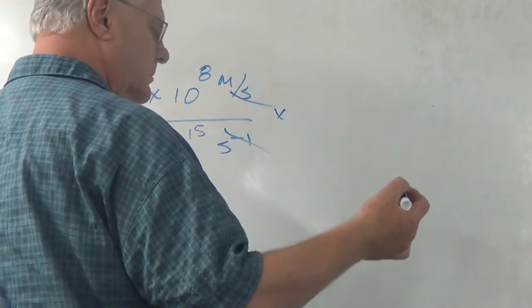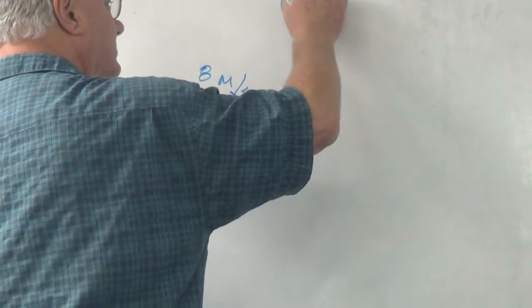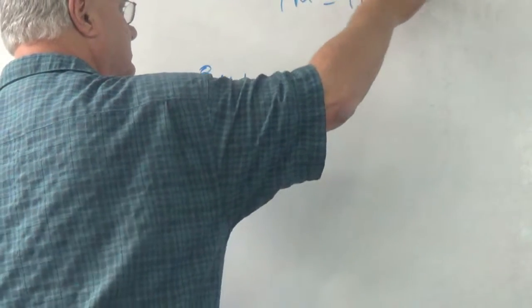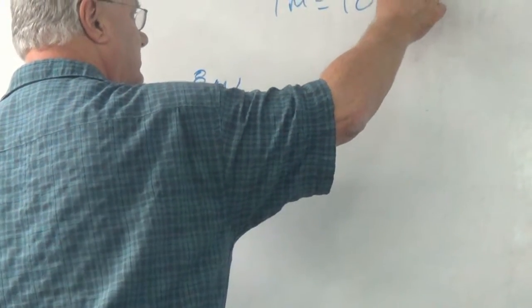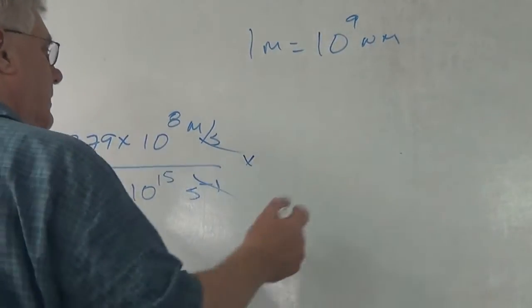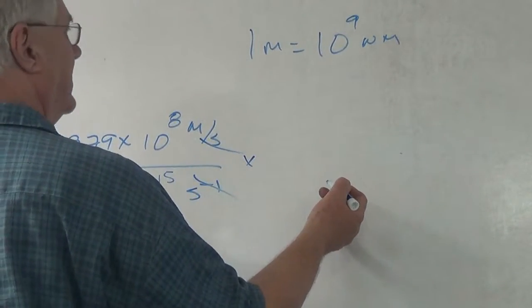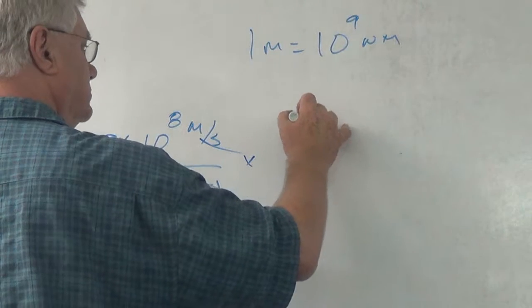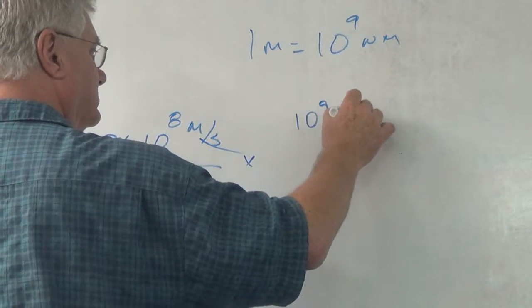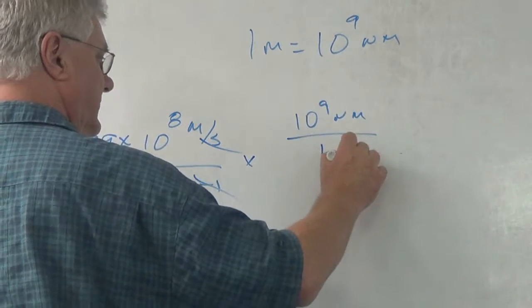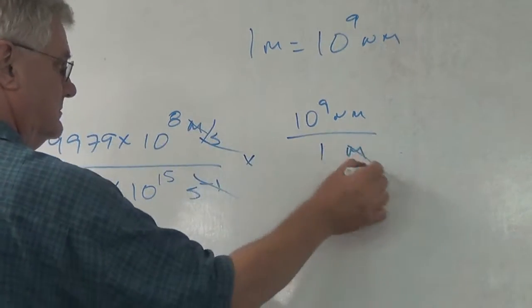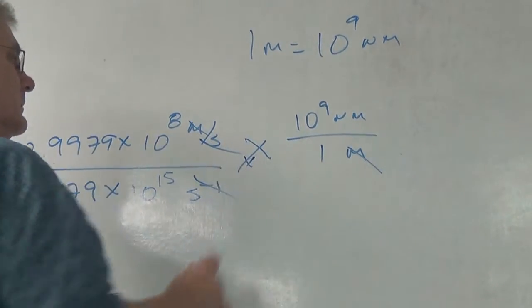Milli, micro, nano: 1 meter is equal to 10 to the 9th nanometers. And so you multiply this times 10 to the 9th nanometers over 1 meter, and the meters cancel. Okay?